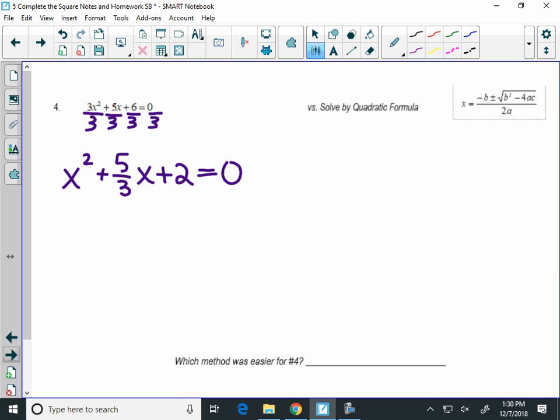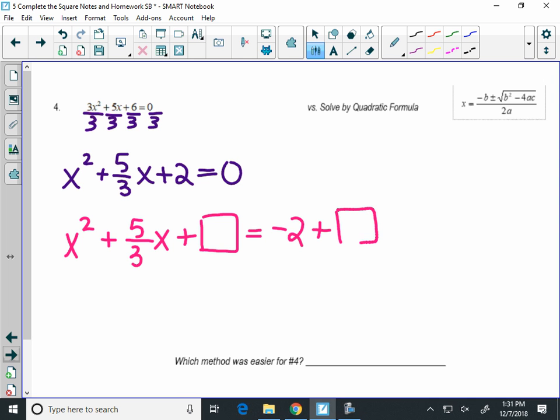Uh-oh. Do you like that? No, because here's what's going to happen. Just watch for a second. You will have x squared plus 5 over 3x plus your box equals negative 2 plus your box.